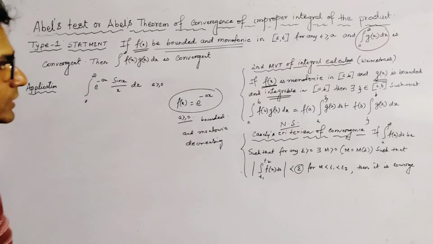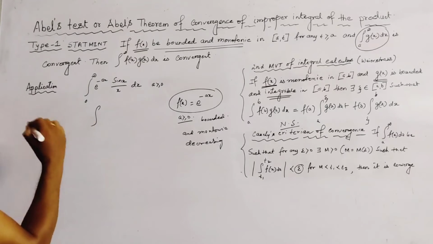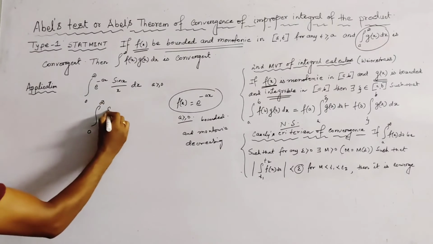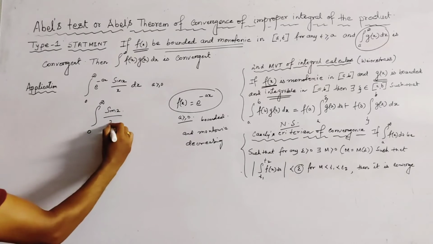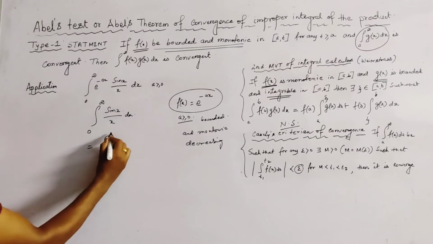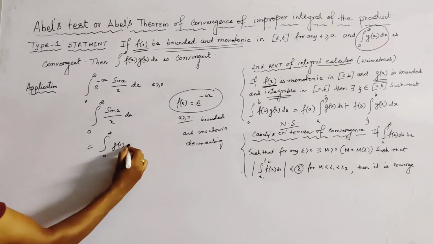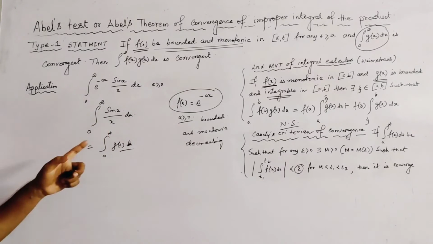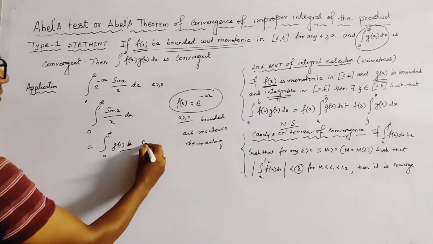Now we already proved that integration 0 to infinity sin x by x dx, that is integration 0 to infinity g(x) dx, is convergent. Why convergent?